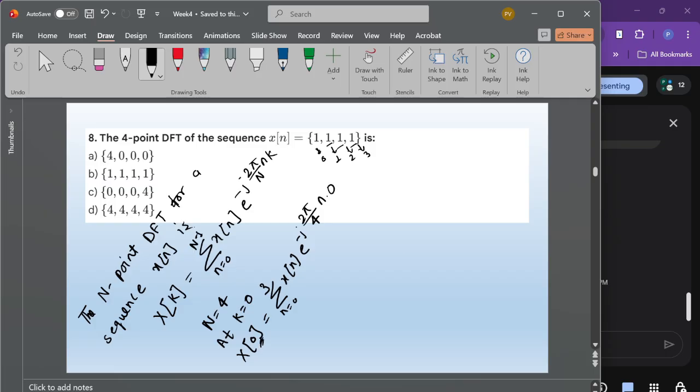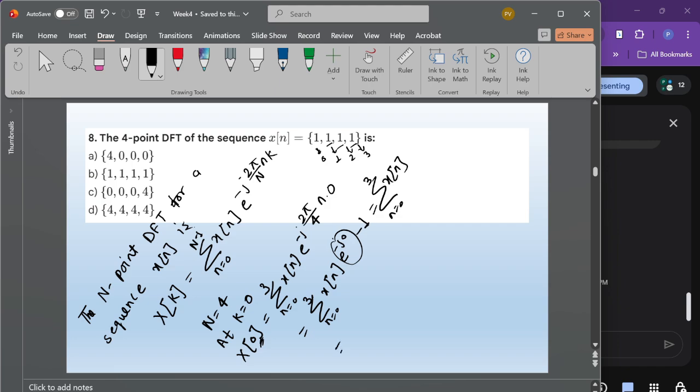So here k is 0, right? This will make the whole exponent e to the power minus j 0, and e to the power 0 is 1, right? Now n will vary from 0 to 3, x of n times e to the power minus j 0, and that will be 1. So we can write only the summation of x of n, n from 0 to 3.